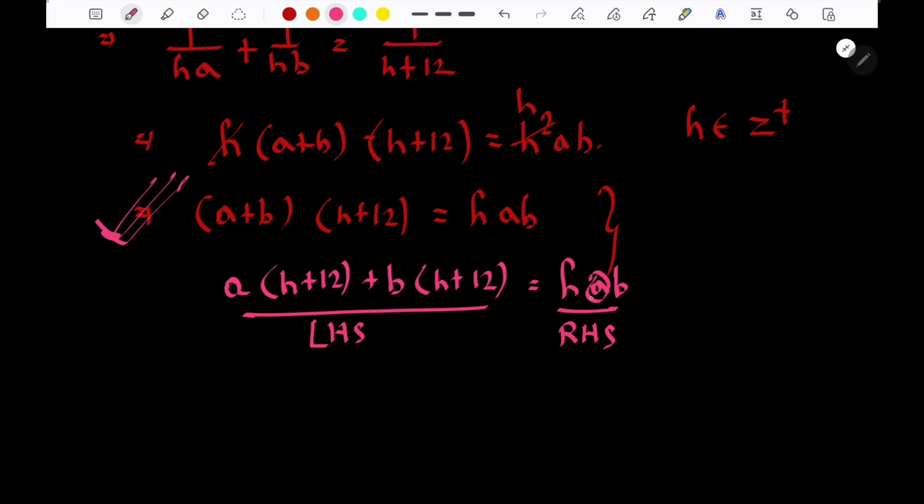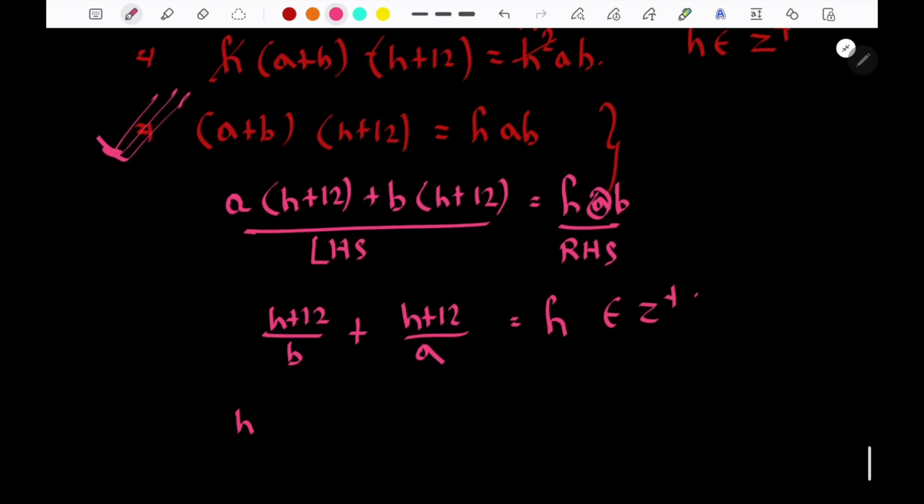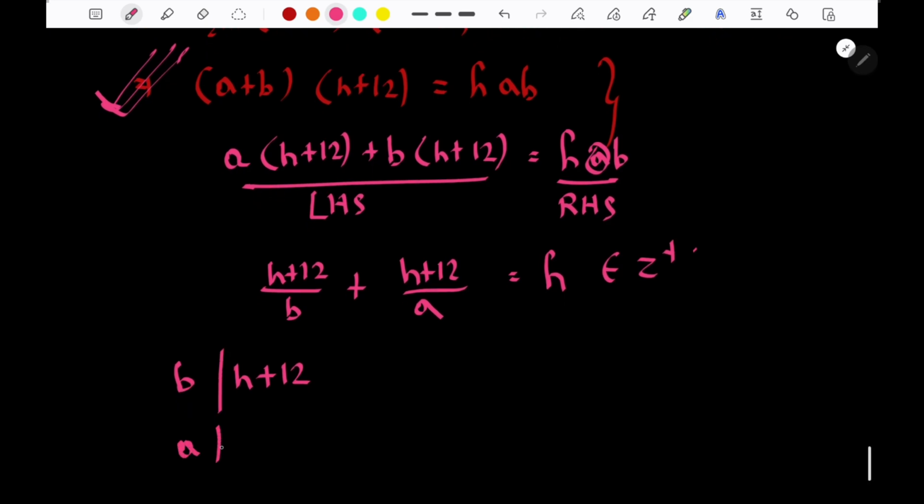If I need to find h, which is an integer, I can write it like this: ab is equal to h plus 12. If I divide by ab, this will be divided by b, and here it will be h plus 12 divided by a. It means, as h belongs to Z plus, b must divide h plus 12, and also a must divide h plus 12, from these two conclusions.